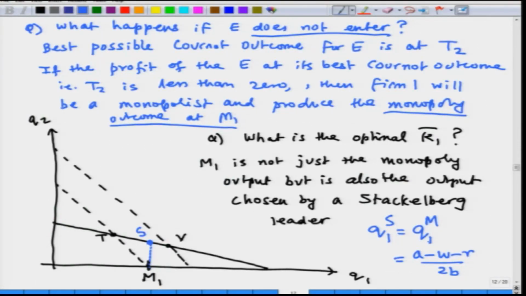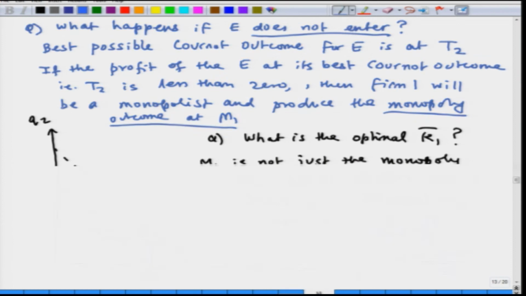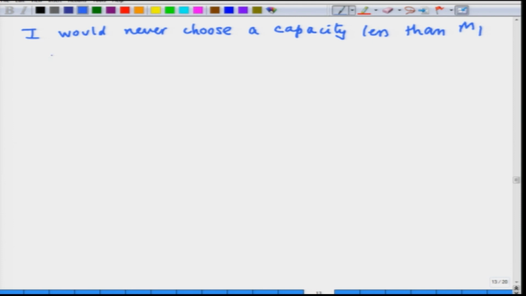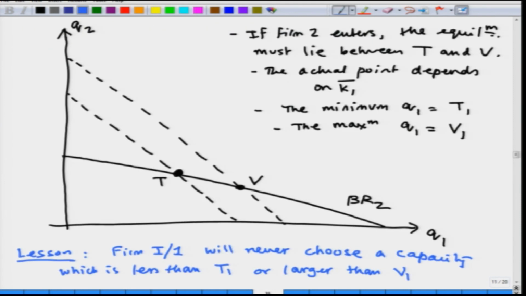So, if we put together these 2 points, one when E does not enter and the second when E enters and the incumbent strategically decides to produce the Stackelberg level of output, we can infer that the incumbent would never choose a capacity less than M1. So, why is that important? Because we had mentioned a lesson earlier saying that the incumbent will never choose a capacity less than T1 and a capacity larger than V1.